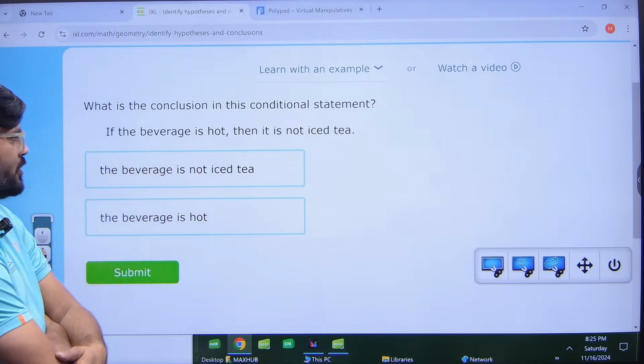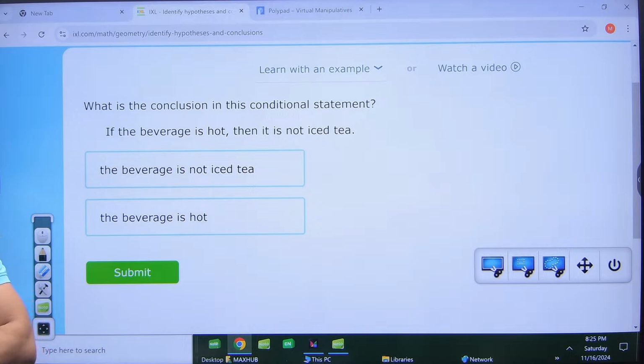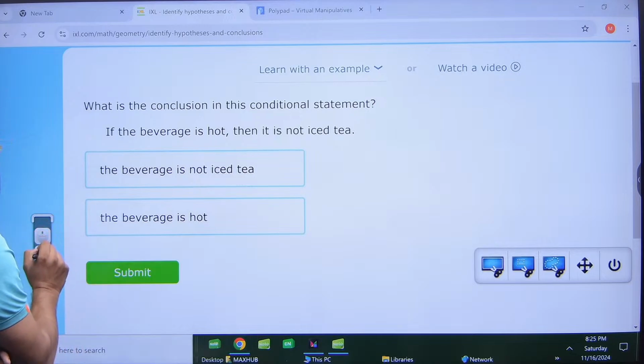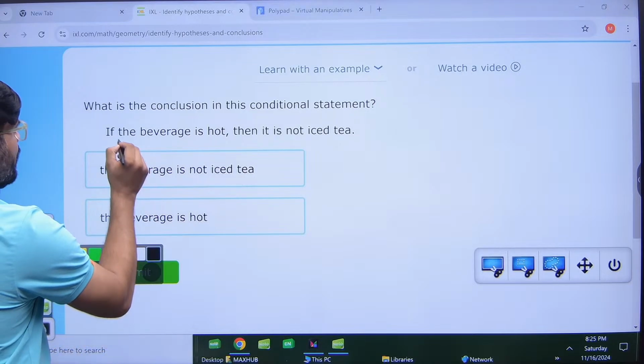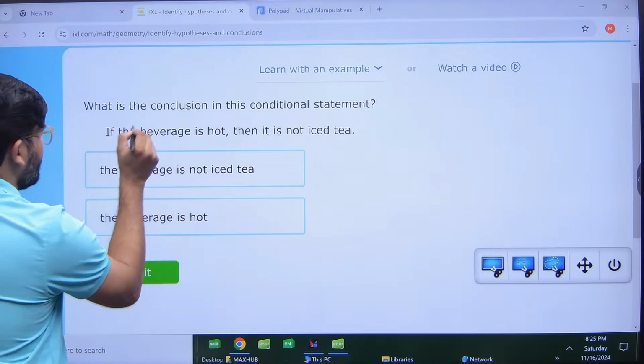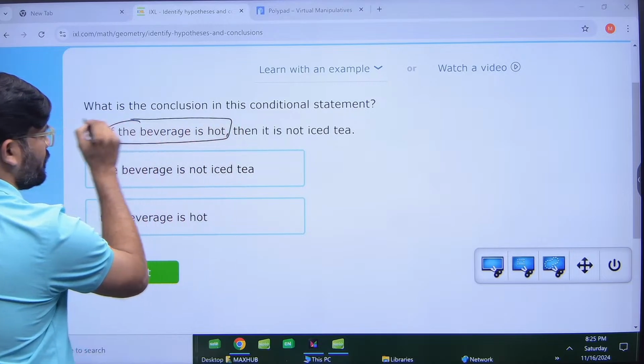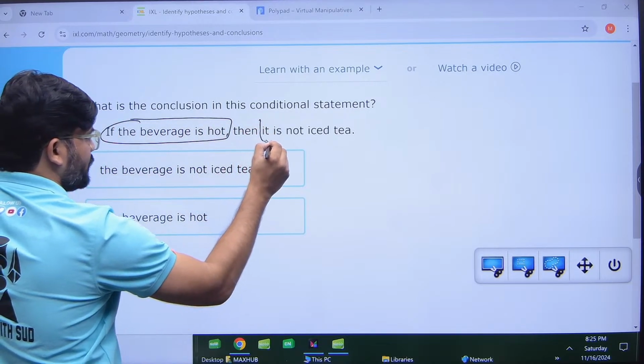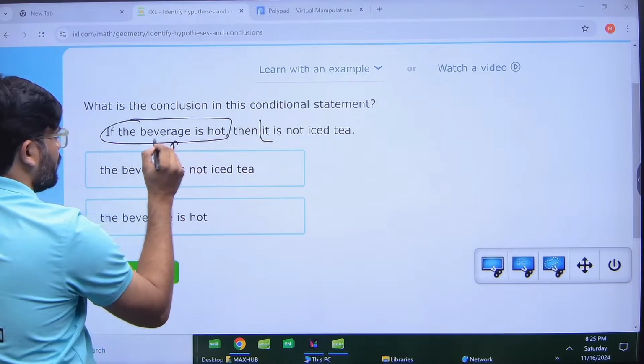I think it would be the beverage is hot. If you look at the sentence carefully, first there is a condition. If it is, but it's not. So it could be the beverage is hot because it says then it is not.